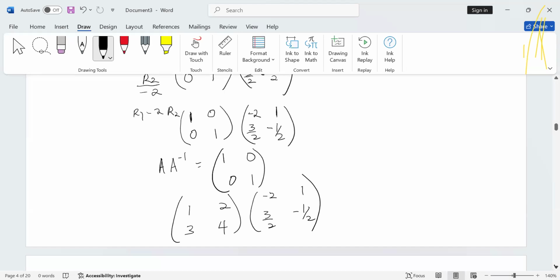The identity matrix is 1, 0, 0, 1. What do you get?